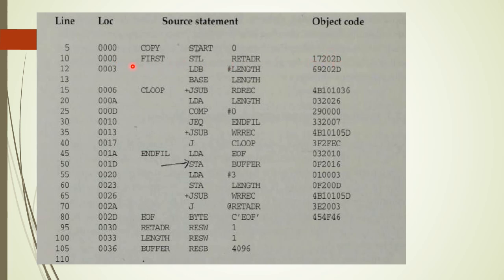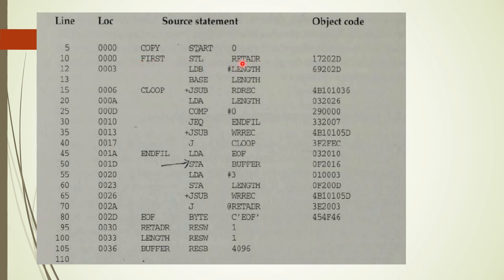Before generating an object code, the first phase of an assembler will generate a location counter value. To generate the location counter value, you have to decide the length of the instruction. To decide the length of the instruction, you have to see the instruction format. With the help of the instruction format, you will decide the length of the instruction.